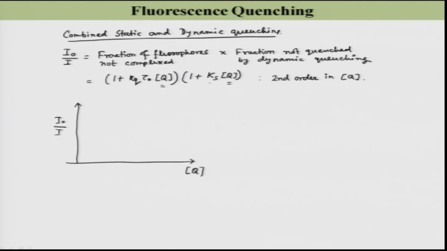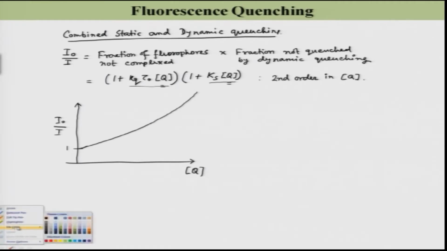So, this whole part is 0, this whole part is 0, then it is 1 into 1, so it is equal to 1. It will start from 1, there is no doubt, but for lower quencher concentration it looks like a straight line, but as you increase the quencher concentration you will see the curve is like this, upward in nature.